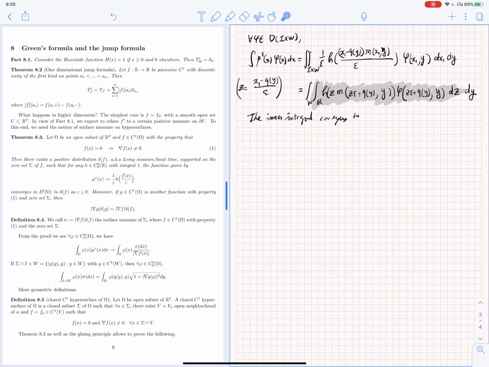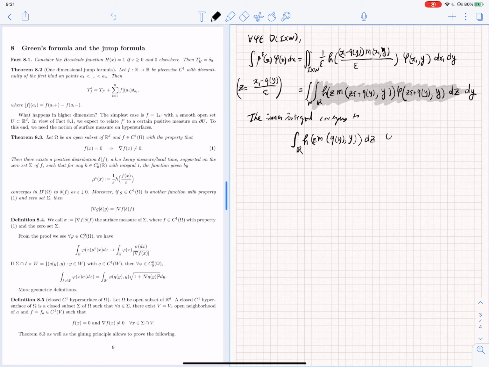And if we make use of the fact that phi and h are functions with compact support, we can make use of dominated convergence to justify that the inner integral actually converges to this much simpler quantity. So h of z times m of q of y, z, sorry. Okay, so this is the first piece.